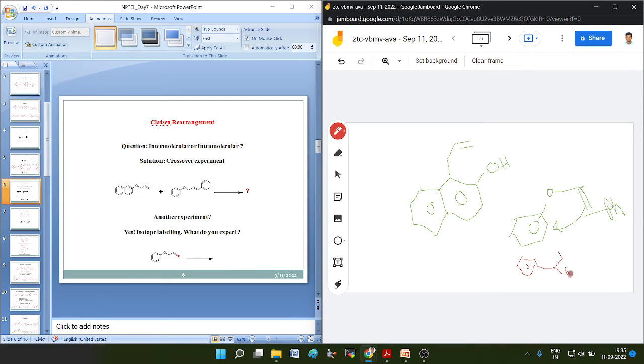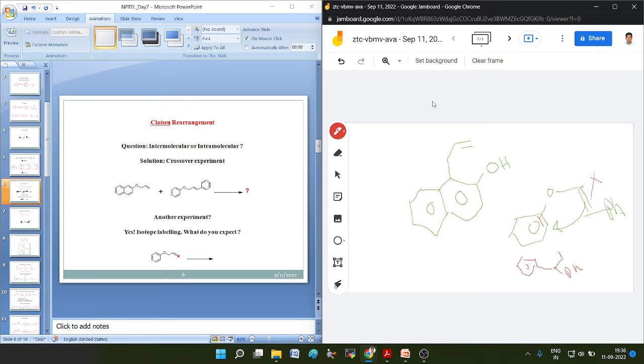This position will have Ph actually, and this bond has broken. Just a second, okay. Something is missing. This is okay. What is wrong? Can you guess it? Okay, this I have drawn in a wrong way.